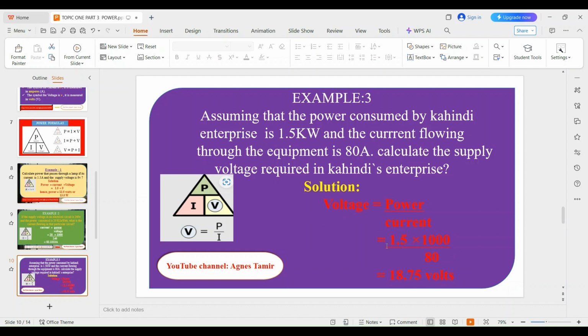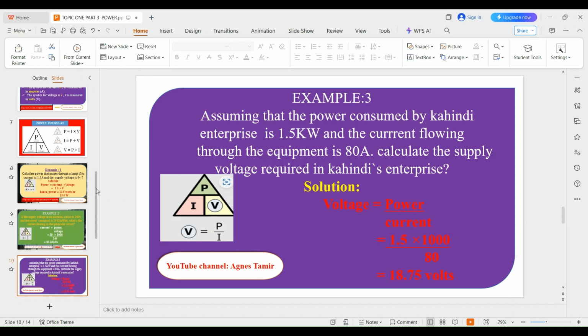So we shall have 1,500, which is our power in watts. We shall divide by current, which is 80 amperes. When you divide 1,500 over 80, we are going to get 18.75 volts. I believe it's clear.